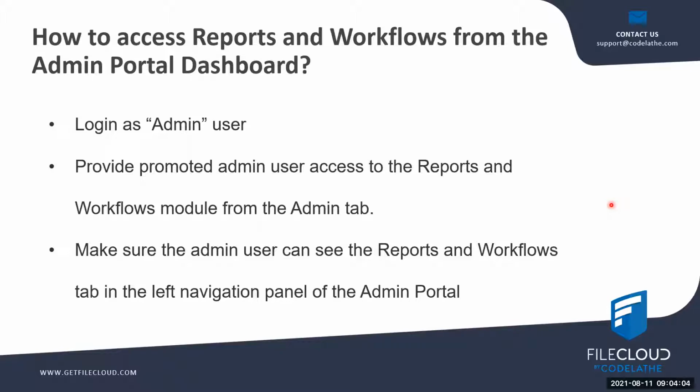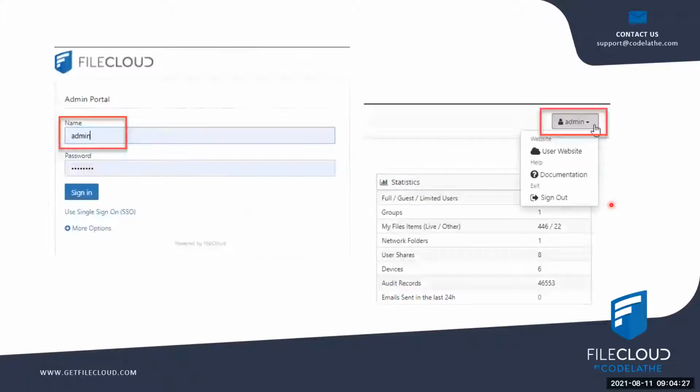So generally, you may have to initially log in as the admin user, promote the user that needs to access the reports and workflows. Then you could create the role, add the newly promoted admin user to the role so that the user can access workflows and reports. Shortly, I'll show you a quick demo on that one.